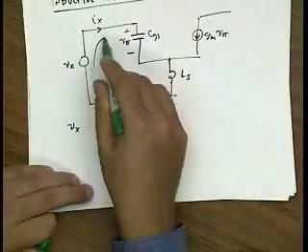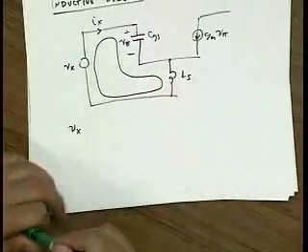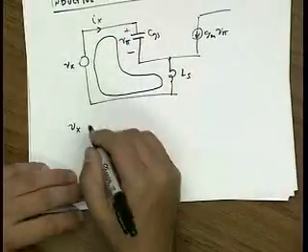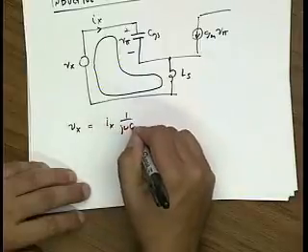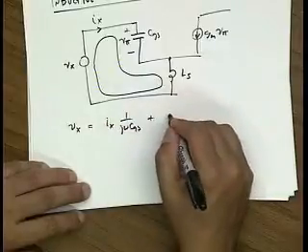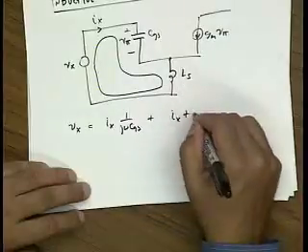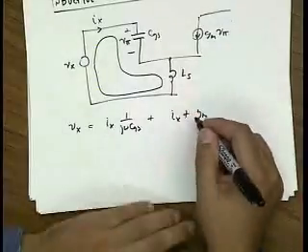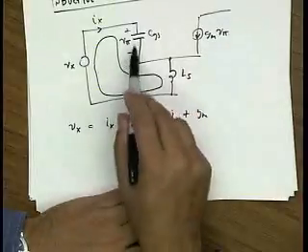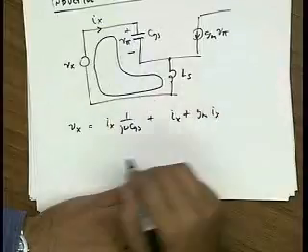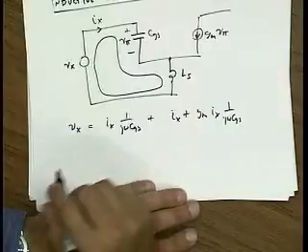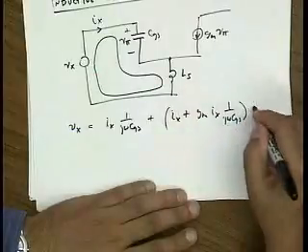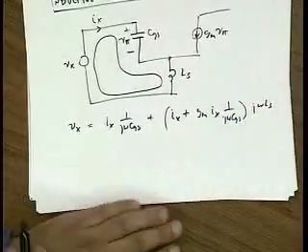I'm going to go around this loop. And I could say that Vx is equal to Ix times 1 over j omega CGS plus (Ix plus gm V pi), and V pi is basically, again, Ix times 1 over j omega CGS, all times j omega Ls.